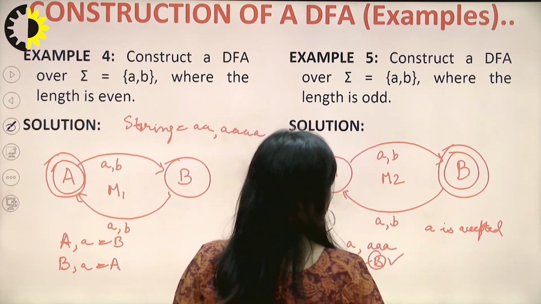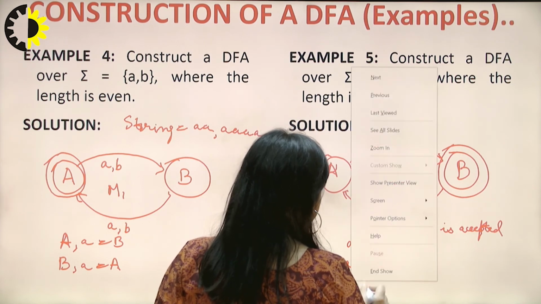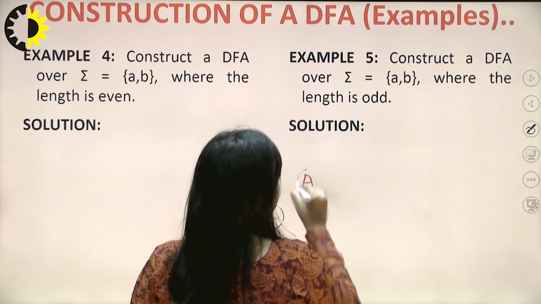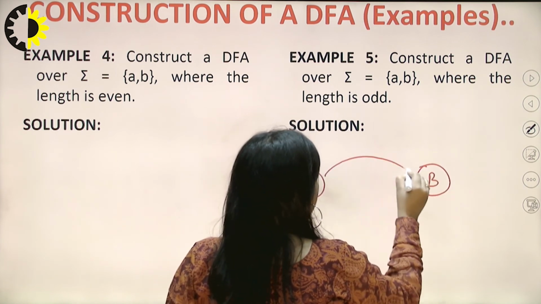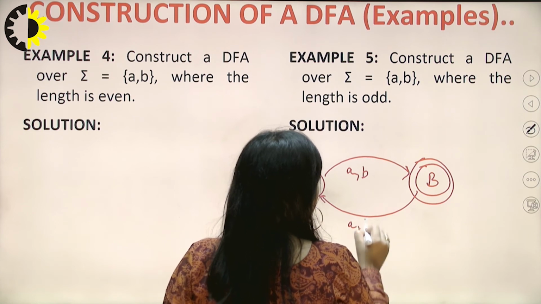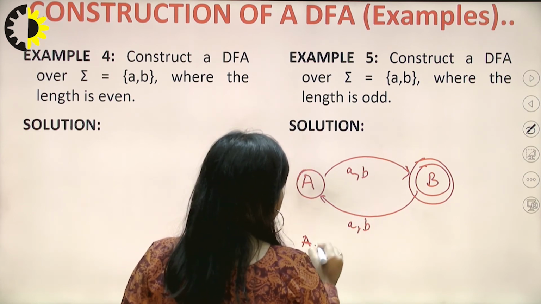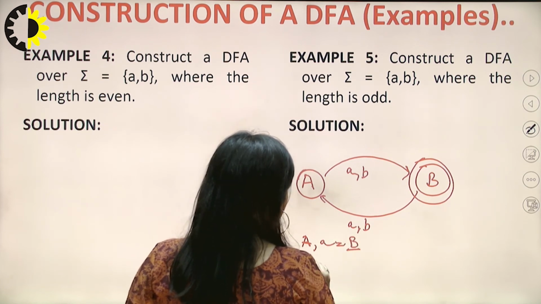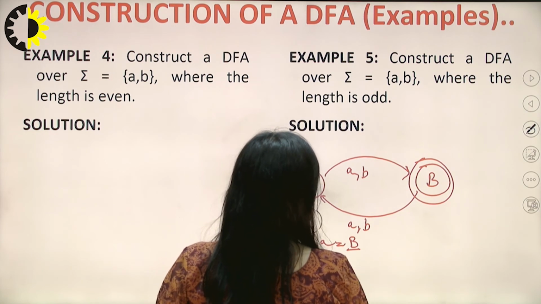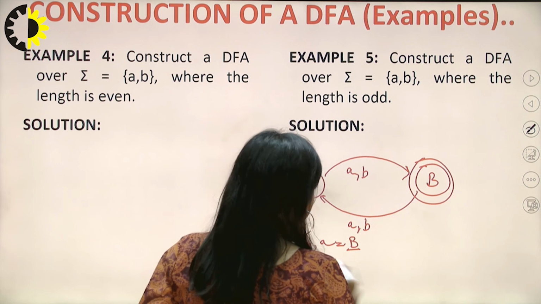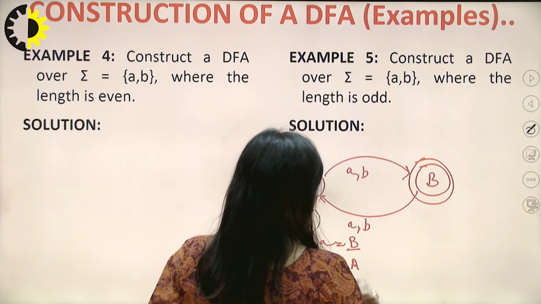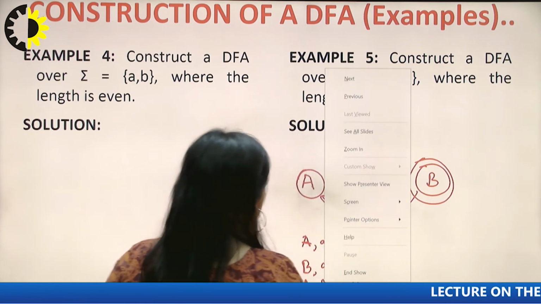Okay, and if I go about B comma A, okay, so if I have A comma A, it will reach to the final state B, and if further I have B comma A, it will go about A, and then further once again we'll be having B. Okay.